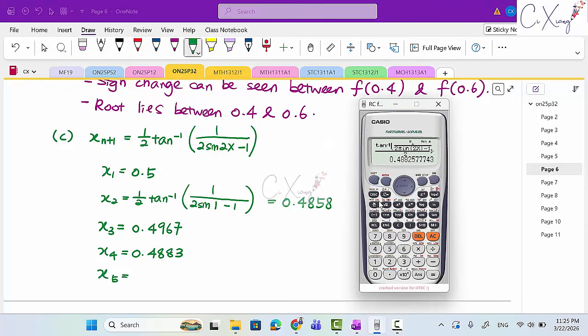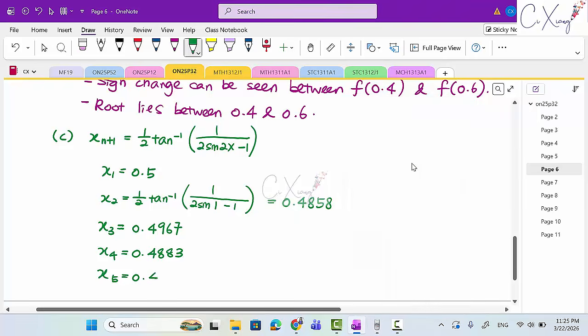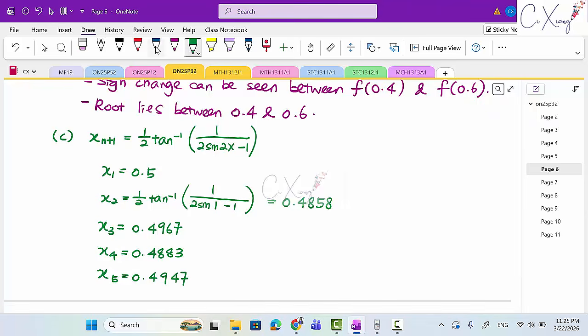Repeat again. Okay, so press calculate one more time. Then x is 0.4883. Press equal sign. Then you are having 0.4947.